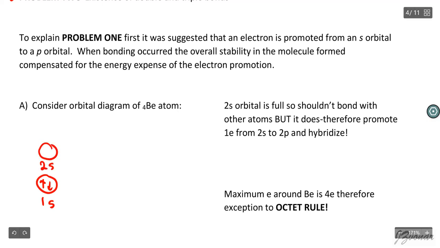In the next orbital, 2s, it has 2 electrons, which gives me 4. And now we've got the 2p orbitals, which are empty. These represent the valence orbitals.